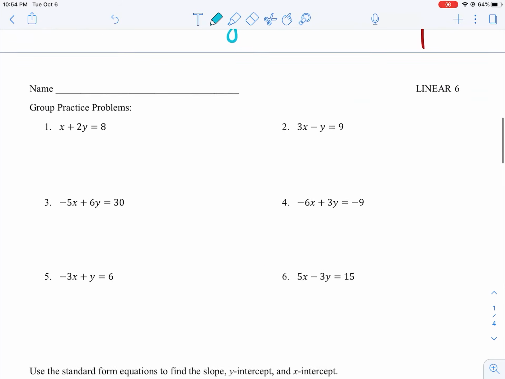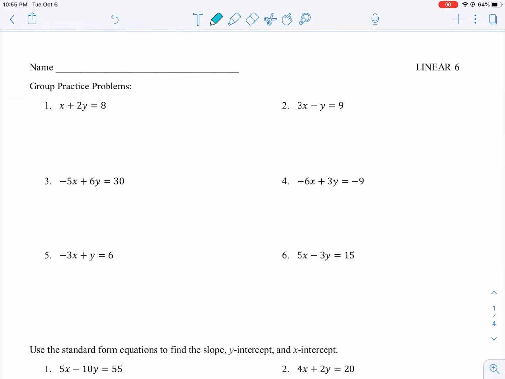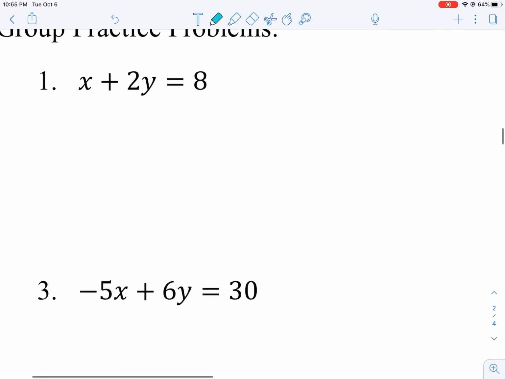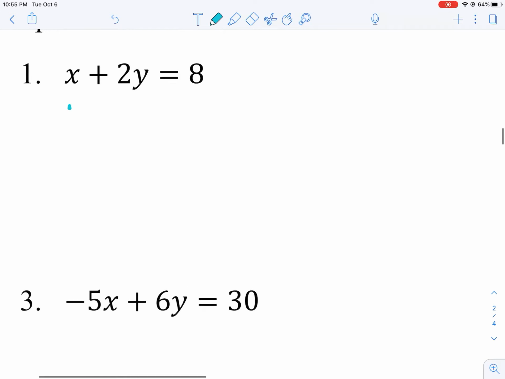So we have 6 examples that I'm going to go through to walk you through the idea of calculating the intercepts and also calculating the slope. Taking a look at the first one, I usually set up a table to start.